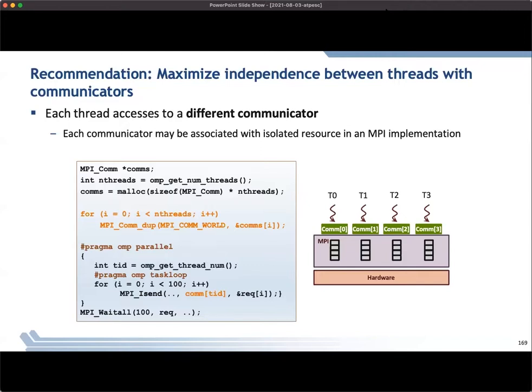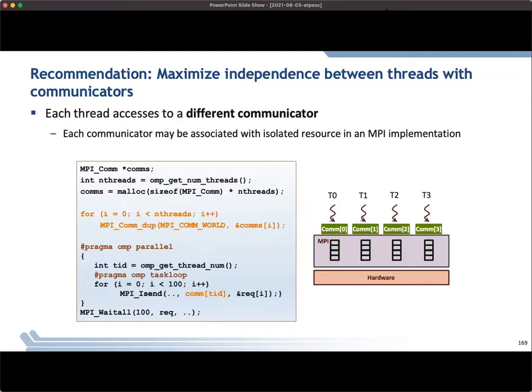It doesn't know if two MPI operations are from the same process and happen in this order as intended, or if they are issued by different threads and the order is just a coincidence of the scheduling. So MPI would always have to take the conservative approach and assume that the order is intended.